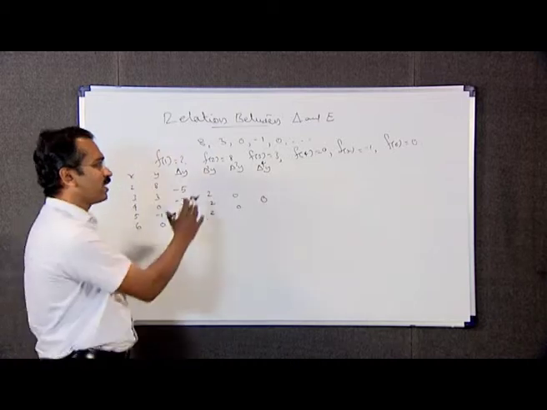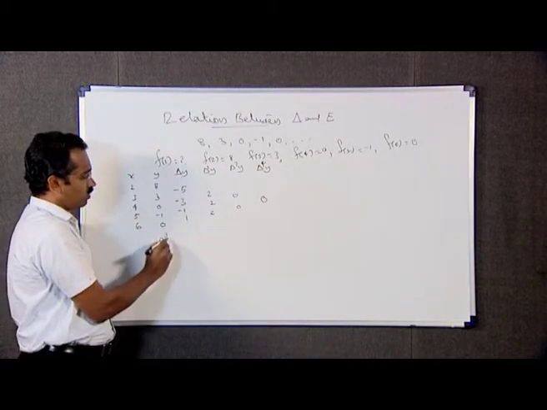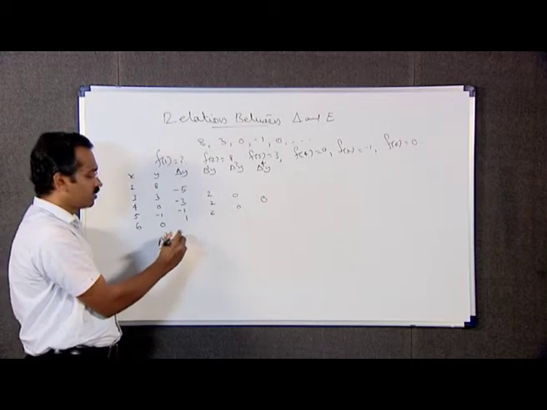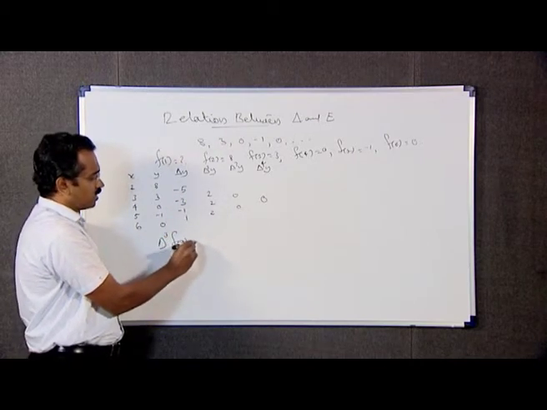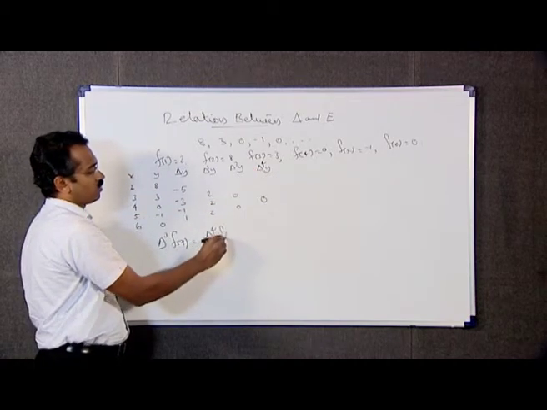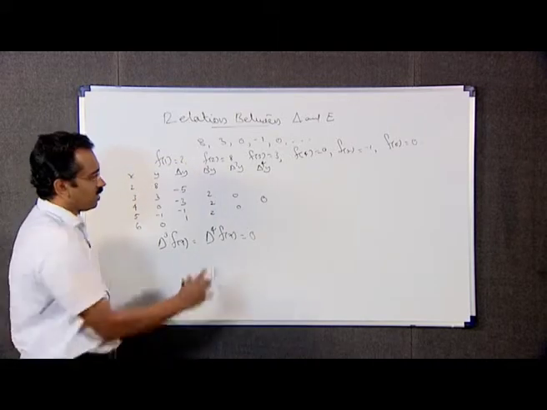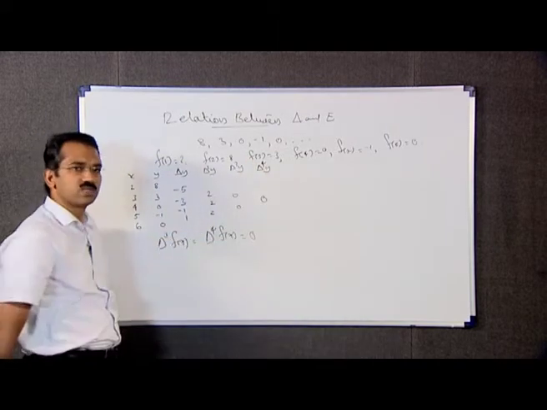From this difference table, delta cube f(x) is equal to 0 and delta 4 f(x) is equal to 0 and all other differences are 0.